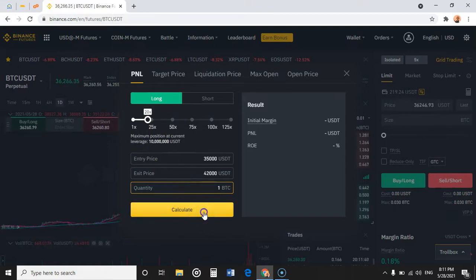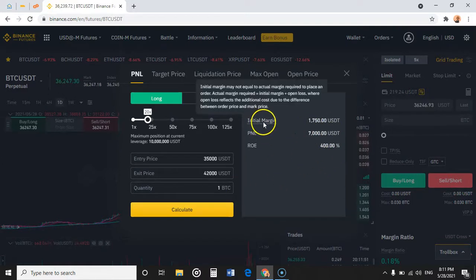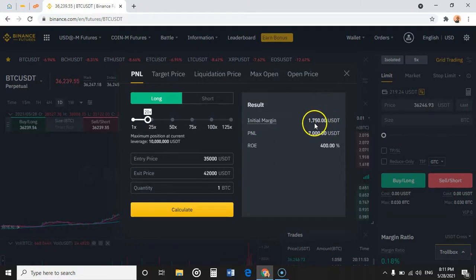So by the time you click on calculate, it will give you an estimate of your return on equity, which is about 400% profit on that investment, and the initial margin that you need for that is just $1,750. Okay, so you are using $1,750 to make $7,000. Okay, that's an increment of 400%.